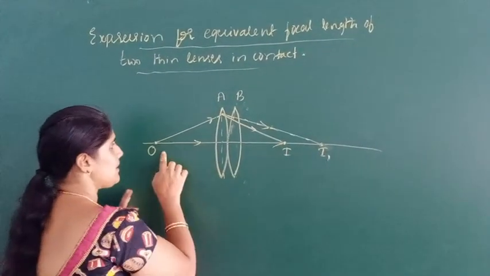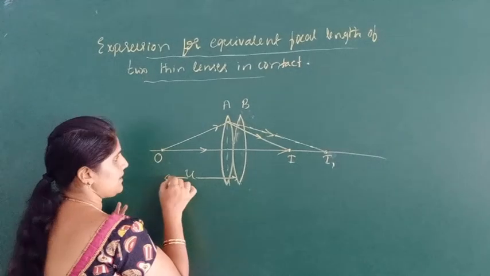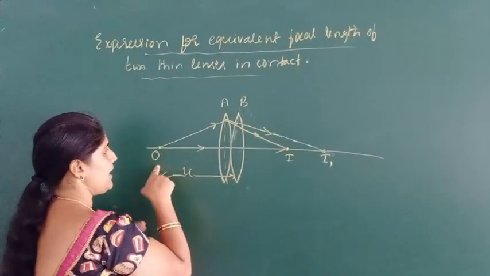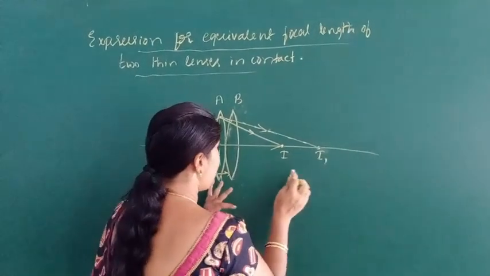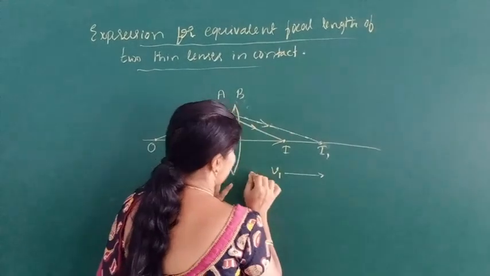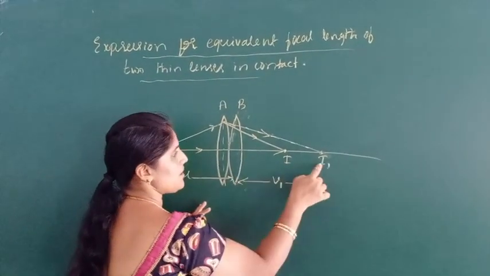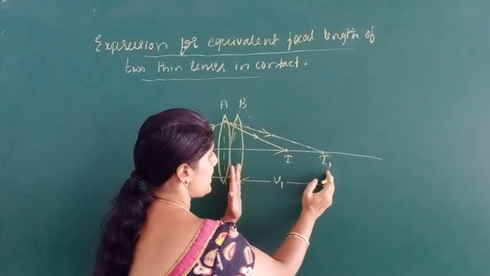So this is the object distance U, that is the distance between the optic center and the object. I1 is the image formed by the first lens, and its image distance is called V1.